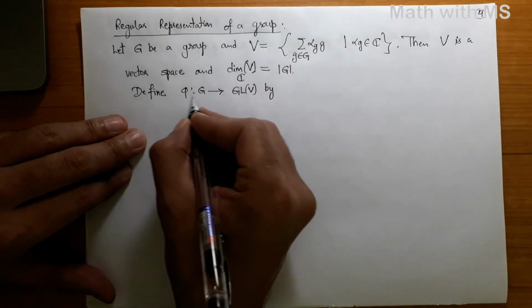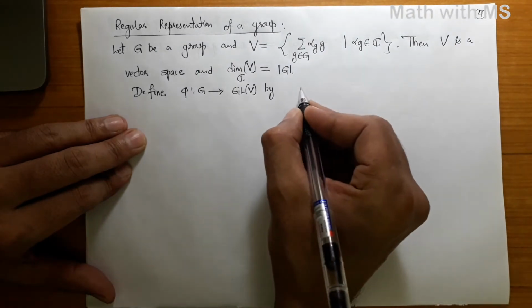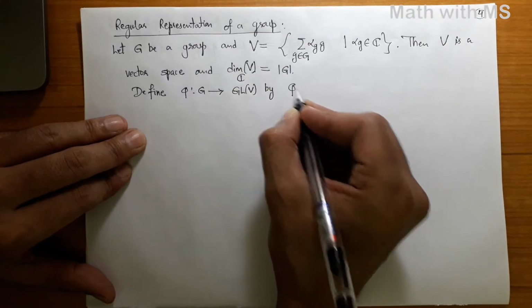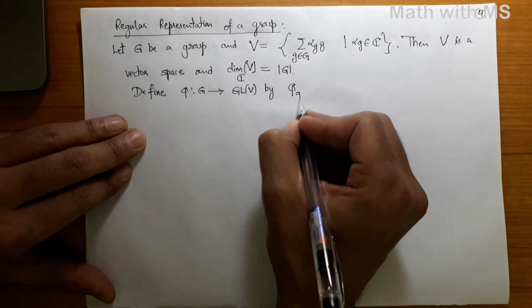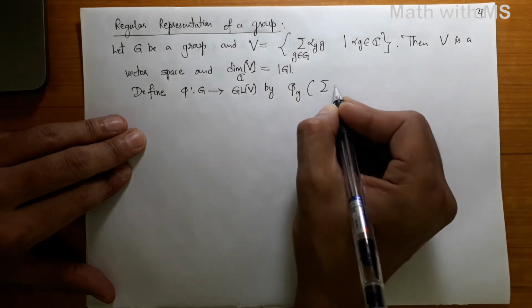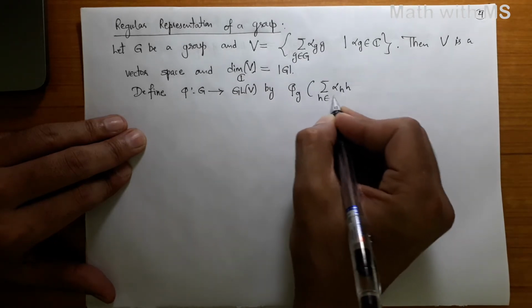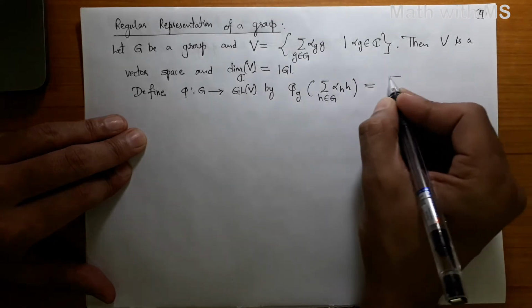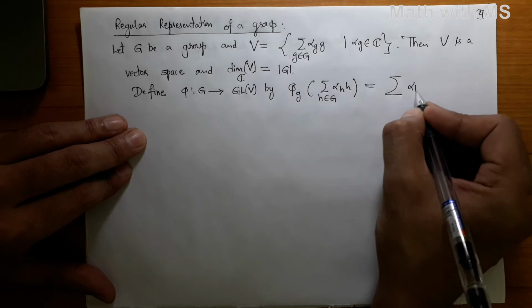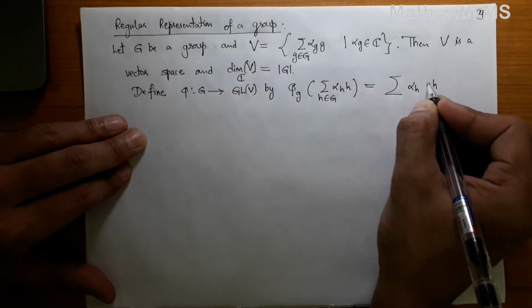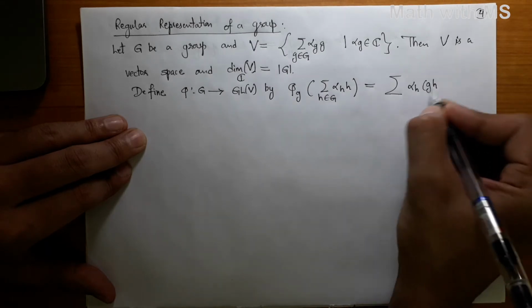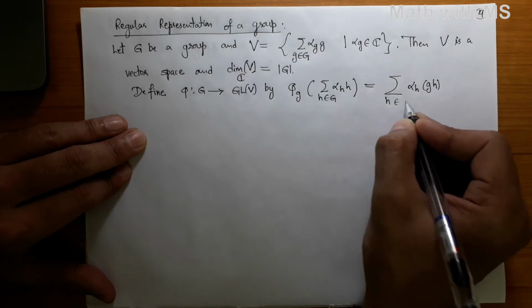So define φ(g) acting on an element Σ α_h h, h an element of the group G, as just Σ α_h gh, h an element of the group G.